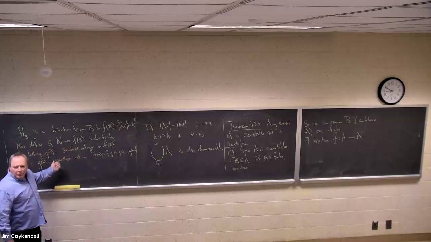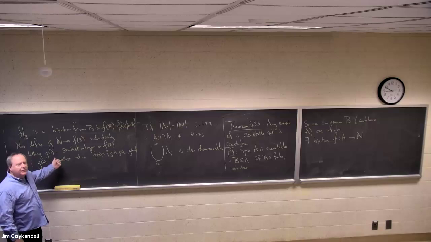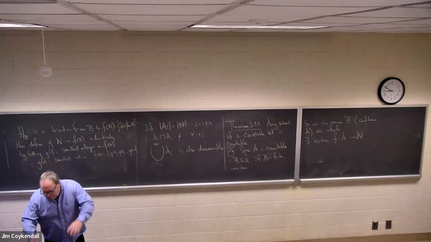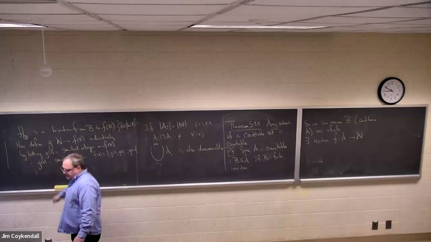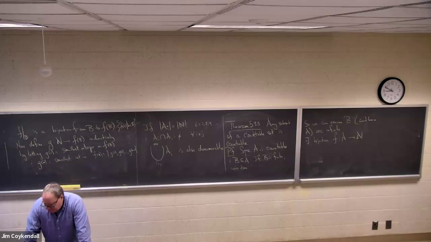So in other words, G of 1 is the smallest integer in F of B, G of 2 is the second smallest, G of 3 is the third smallest, and we just go up the ladder like that. And notice that this set is never empty because we're assuming that B is infinite, and so F of B must be infinite too.